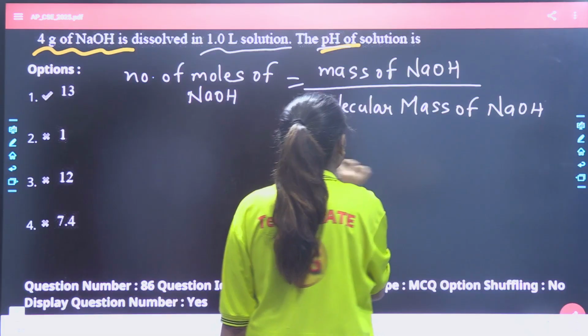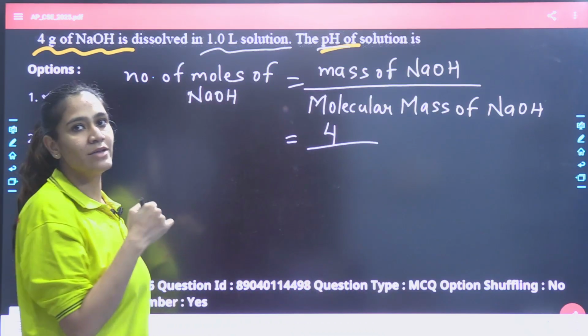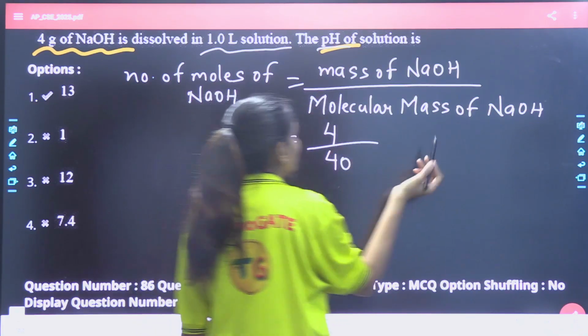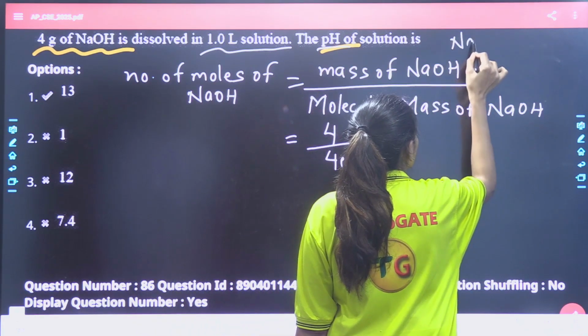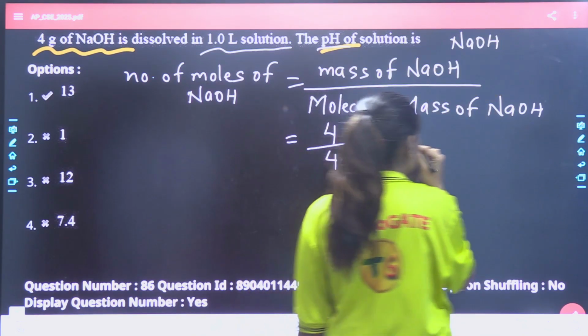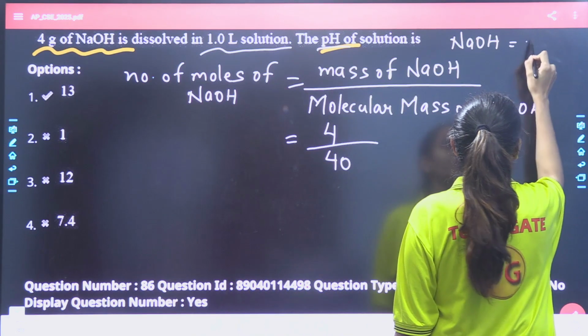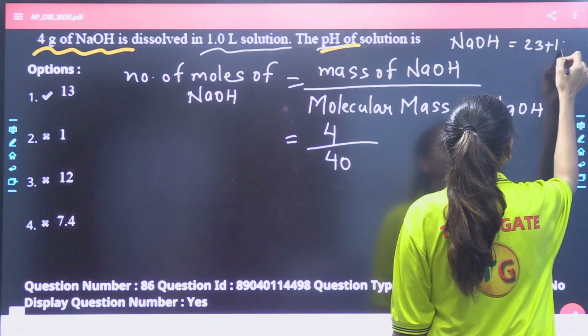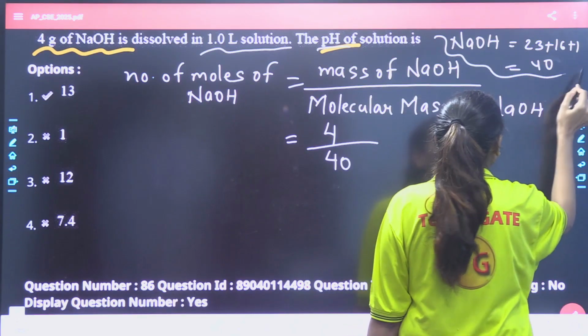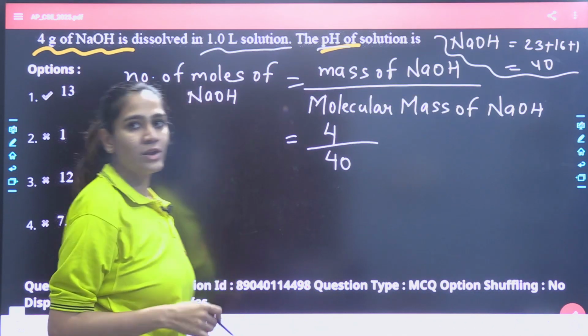We are given 4 grams, and the molecular mass of NaOH is 40.